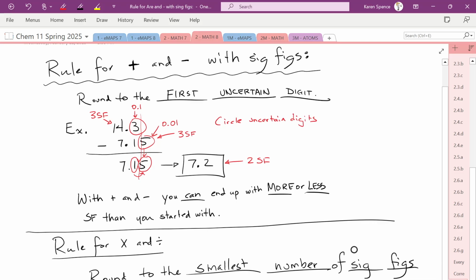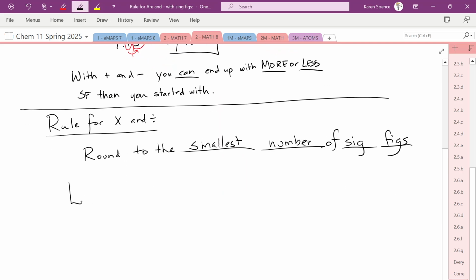I guess I could put an example here, just so we have an example. Let's do something with some zeros in it. This is good review for your test on Friday, right? Because you need to say, this is multiplying and dividing, so I'm not concerned about the uncertain digit. Now I'm concerned about the sig figs.